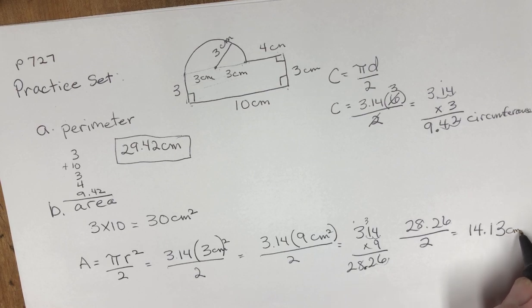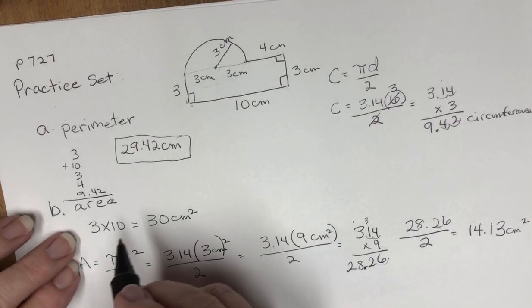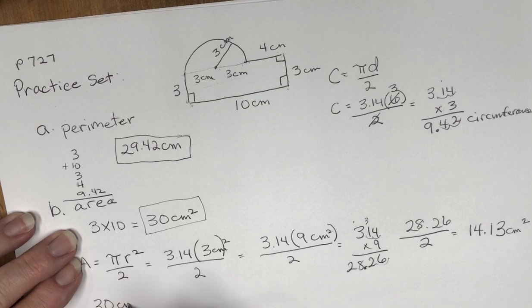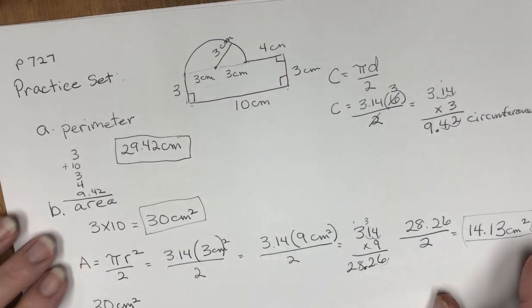And this is centimeters squared. So I go back up here. Here's my area from the rectangle. So that's 30 centimeters squared. Here's my area from the semicircle, 14.13. I add those two together, my answer should be 44.13 centimeters squared. Okay.